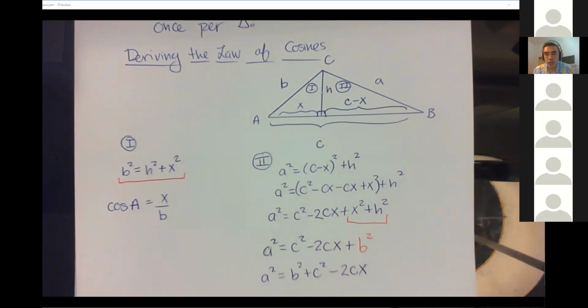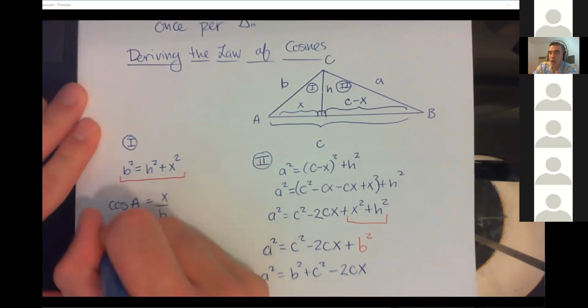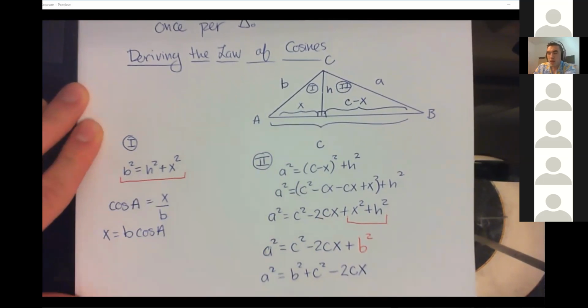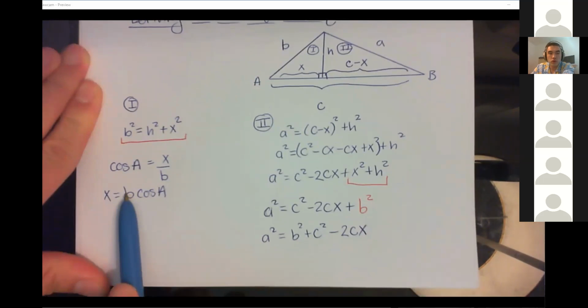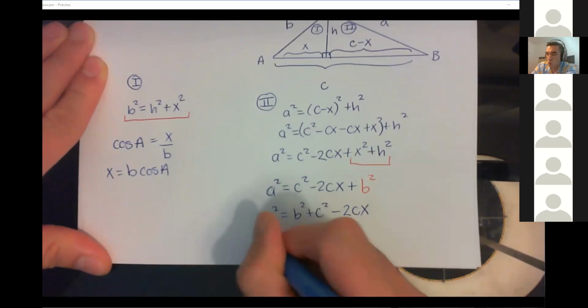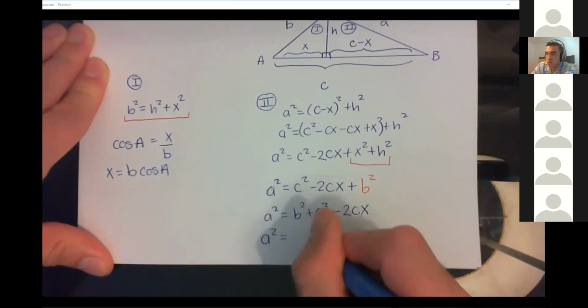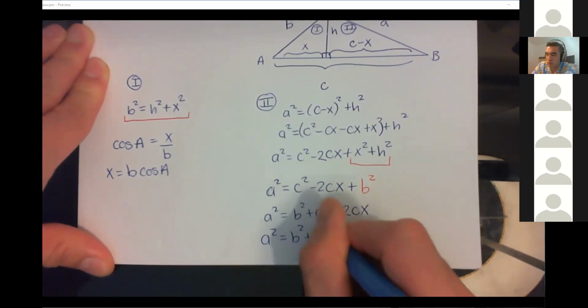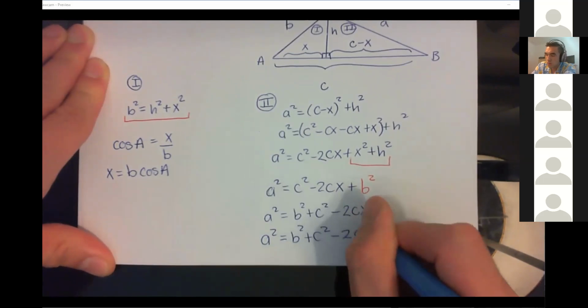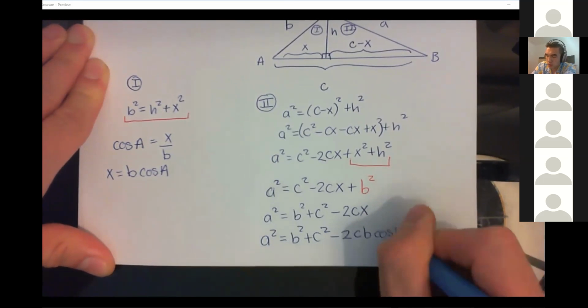And so I can solve this for x, where x is equal to b cosine A. And now all I have to do to get my first law of cosines statement is pop this for x in right here. And so one law of cosines statement is a squared is equal to b squared plus c squared minus 2cb cosine A.